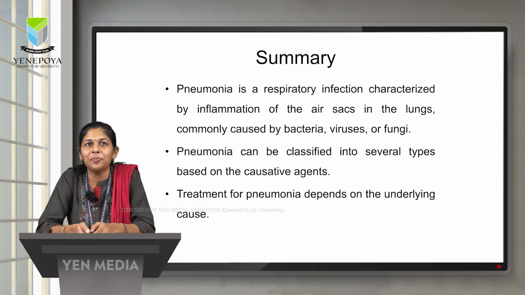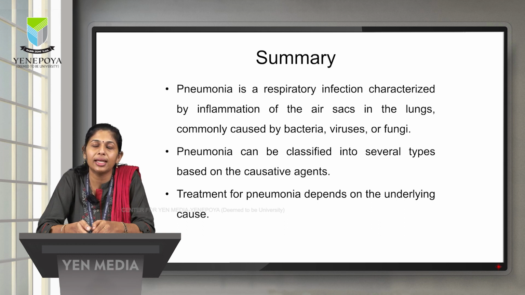Coming to the summary, we have already seen what pneumonia is. Pneumonia is a respiratory infection characterized by inflammation of the air sacs in the lungs, commonly caused by viruses, bacteria and fungi. We have already seen the anatomical classification of pneumonia. Anatomically, it is classified mainly into three types: bronchopneumonia, lobar pneumonia and interstitial pneumonia.